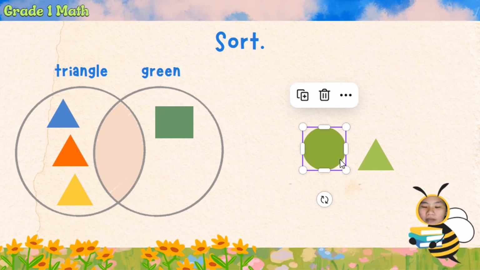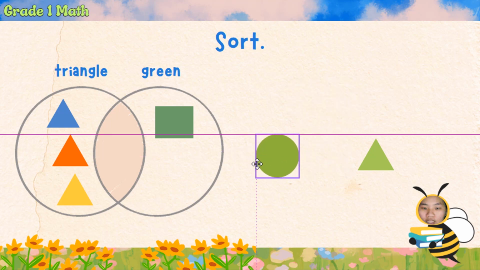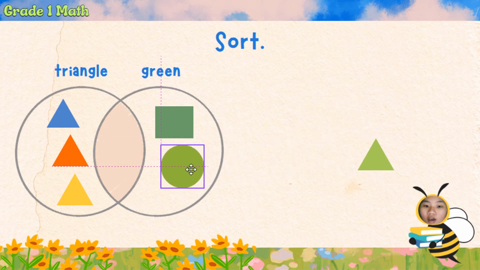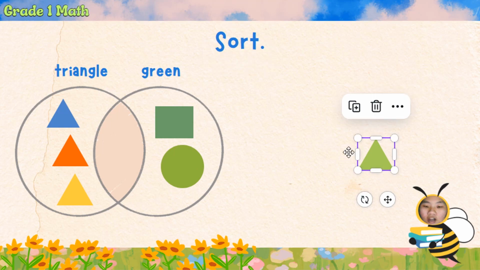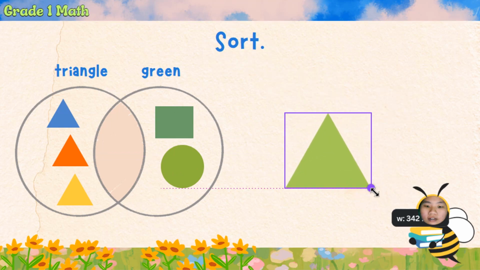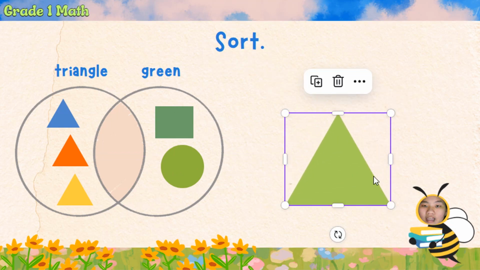Now, what shape is this? This is a circle, okay? But it is also green, so I'm putting it in green. Last but not least, what do we have here? We have a triangle. And what color is it?